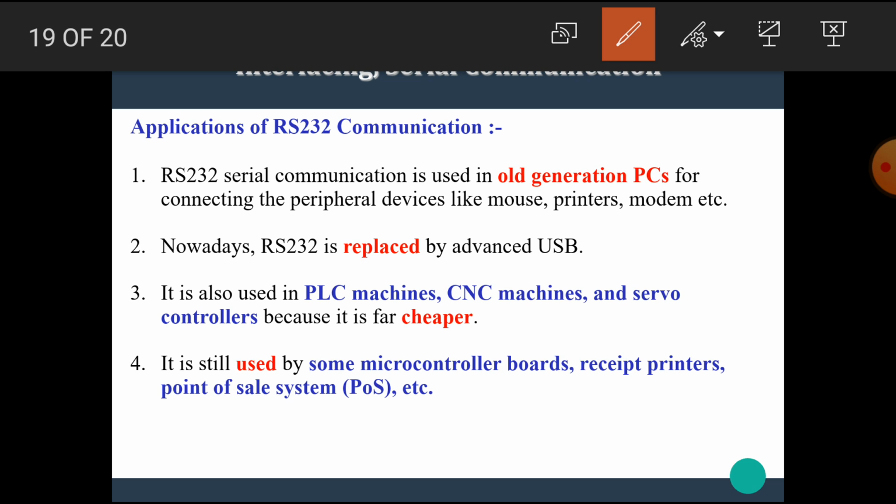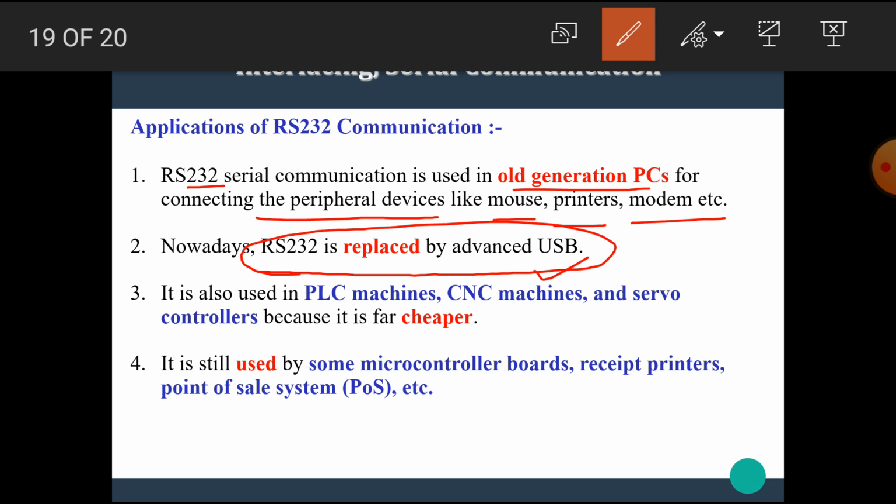Now let's see the applications of RS232 communication. RS232 serial communication is used in old generation PCs for connecting peripheral devices like mouse, printers, modem, etc. Nowadays, RS232 is replaced by the advanced USB, which stands for Universal Serial Bus.